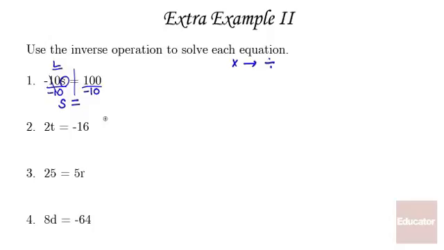So one negative remains a negative; two negatives become a positive number. So 100 divided by 10 is still 10, but because there's only one negative sign within this problem, my answer becomes a negative. So S equals negative 10, and that's my answer.